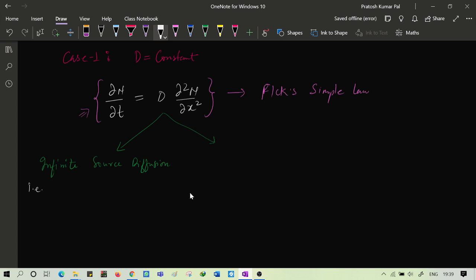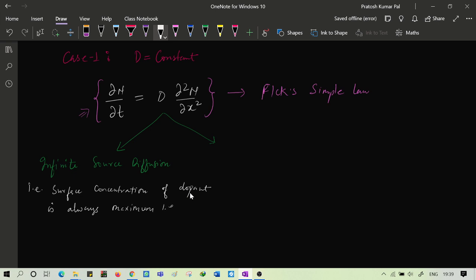So for infinite source, we write that the surface concentration of dopant is always maximum.